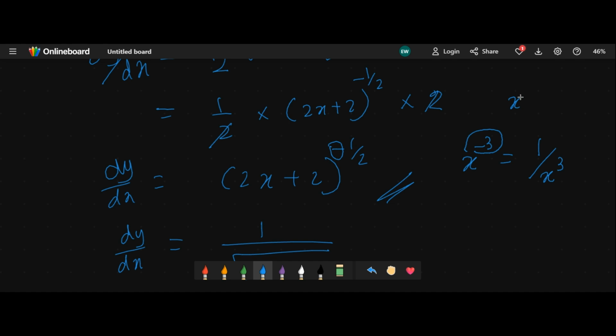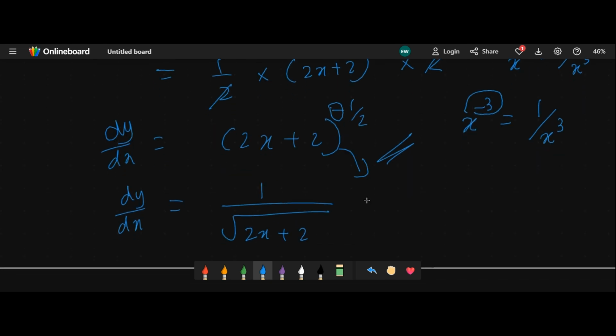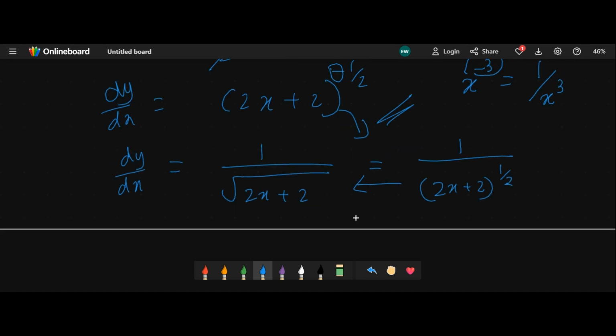For example, x to the power minus 5 means 1 over x to the power 5. If there is a minus sign in the powers, it means 1 over. So you can write this as 1 over 2x plus 2 to the power half. What I told you, to the power half means square root. So 1 over square root 2x plus 2. Likewise, we can write it. This is the answer.